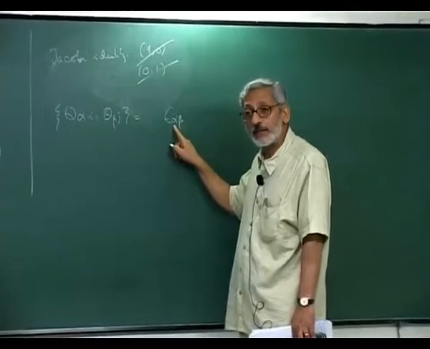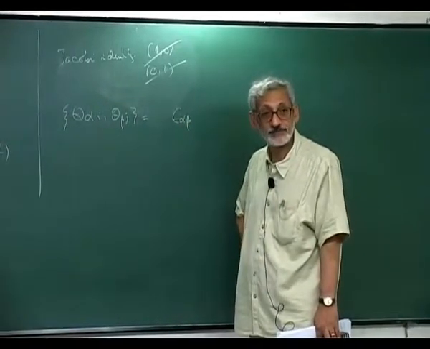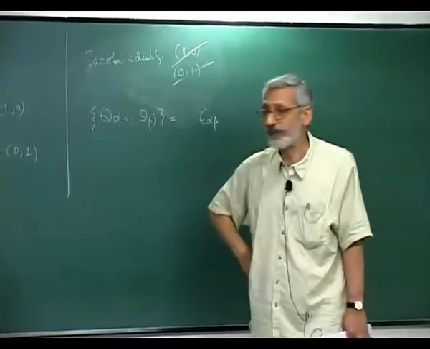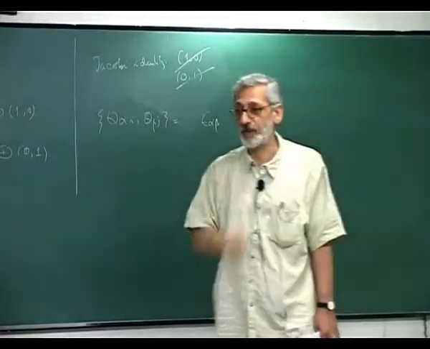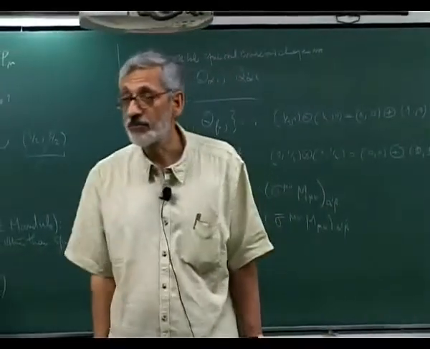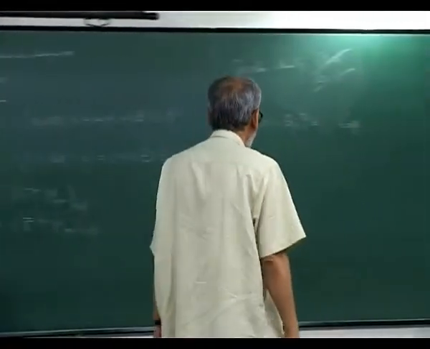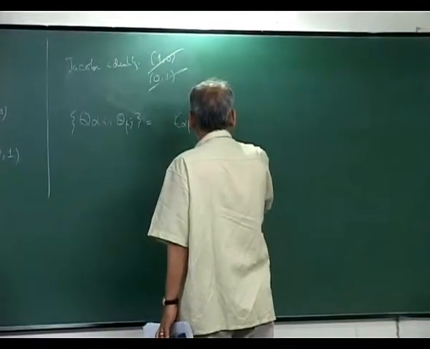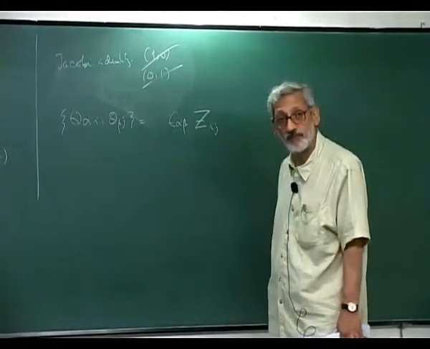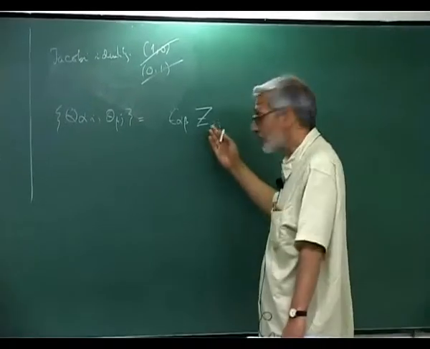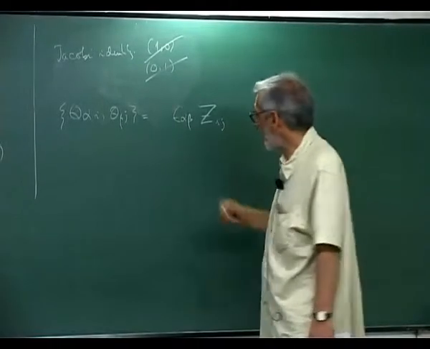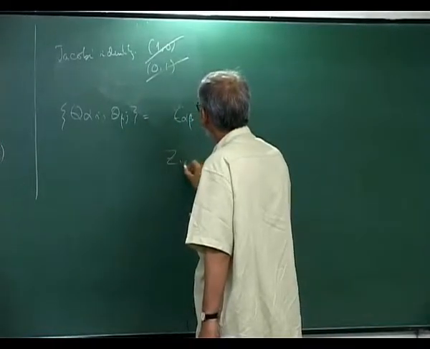But this object is antisymmetric in alpha and beta. This anti-commutator is symmetric if I interchange alpha and beta and I and J together. Then it has to be some charge Z_ij, which is a Lorentz scalar, because this object is a Lorentz scalar, and has to be antisymmetric.